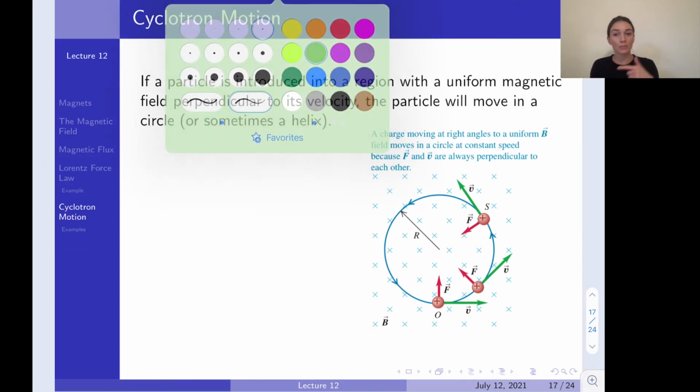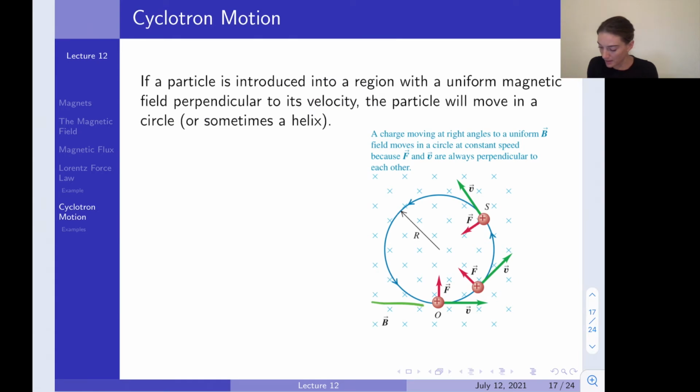Let's say we shoot a particle into this magnetic field like this, with a velocity that's perpendicular to the magnetic field. What force will it feel? Well, we have to use our right-hand rule. So we'll use F is equal to QV cross B. And let's say it's a positive charge, so we don't have to worry about any negative signs.